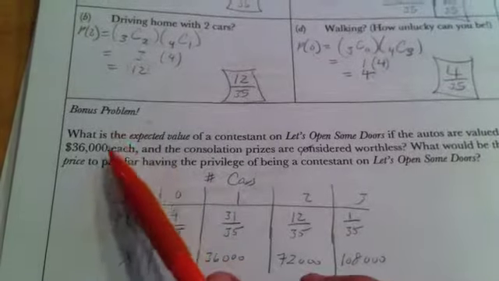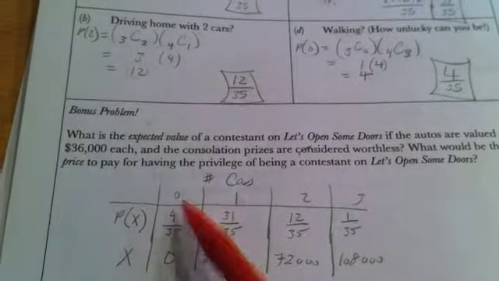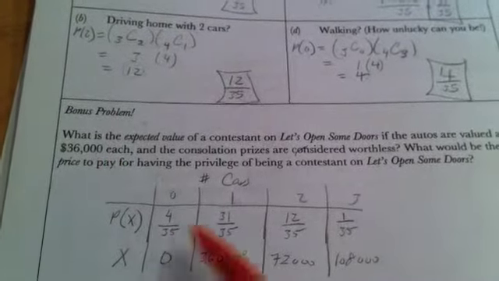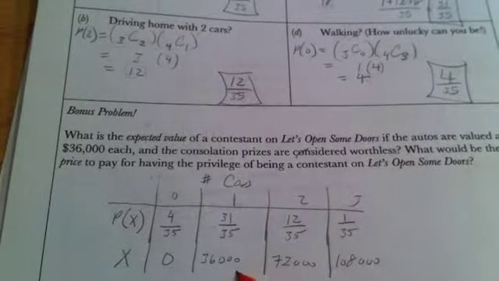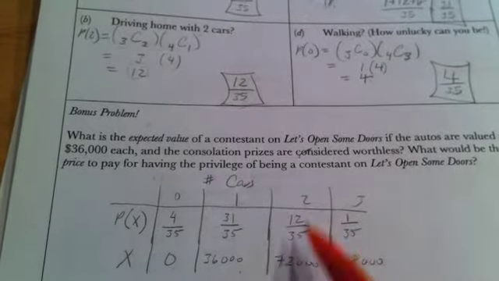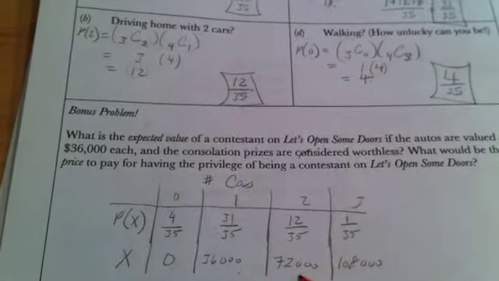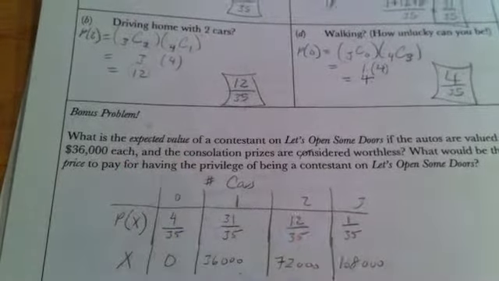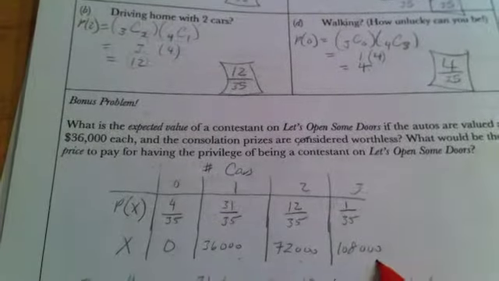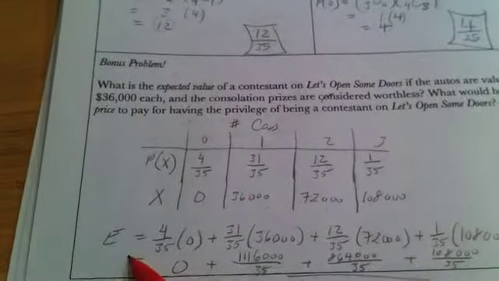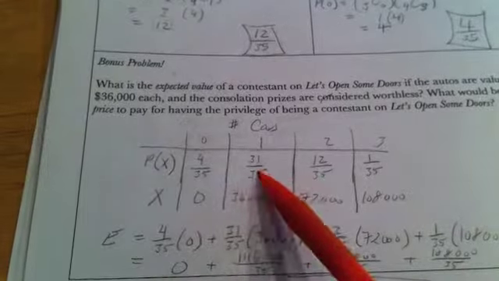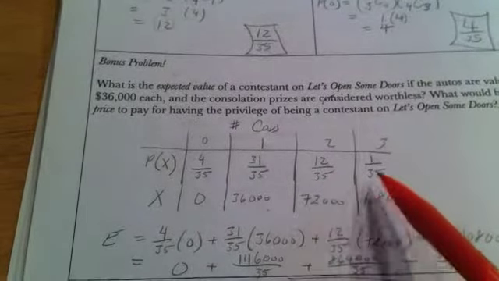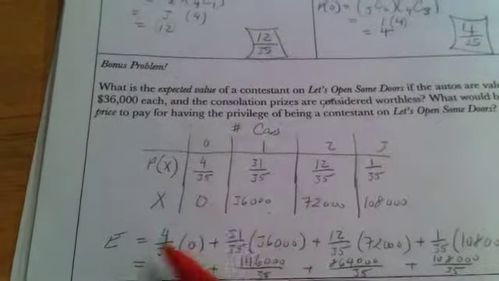The money that we would get if we didn't choose any cars, that's like getting no money. 1 car is worth $36,000. 2 cars is 2 times 36,000, which is 72,000. 3 cars is 3 times 36,000, which gave me 108,000. So to find the expectation, it's just this times this, plus this times this, plus this times this, plus this times this.